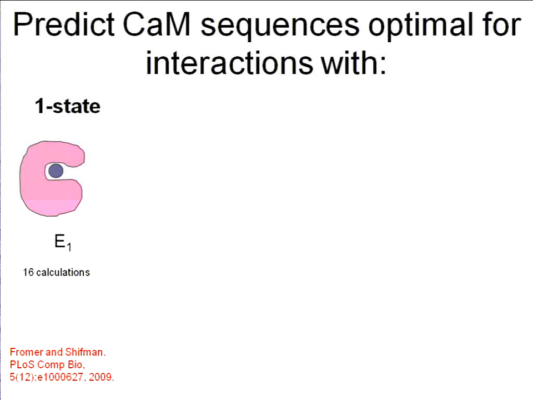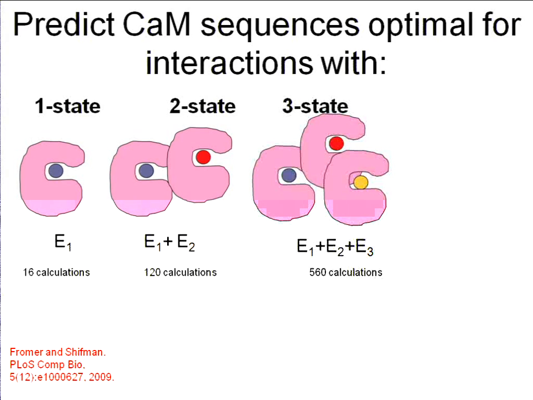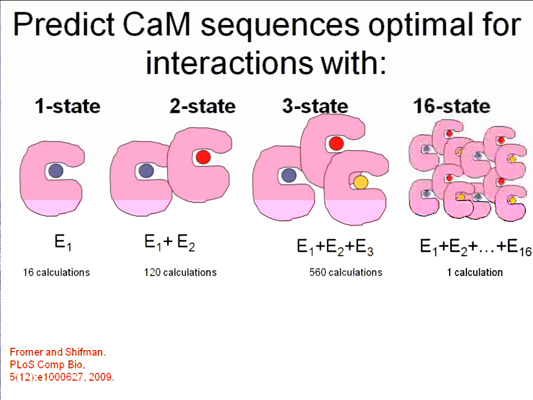Our goal here was to predict 16 sequences, where each of these sequences would be optimized for binding just a single partner, one of those 16 binding partners. We would do 120 calculations optimized for binding each pair of calmodulin interactors, 560 calculations of triplets of interactions, and one calculation of sequences optimized for binding all 16 structures.